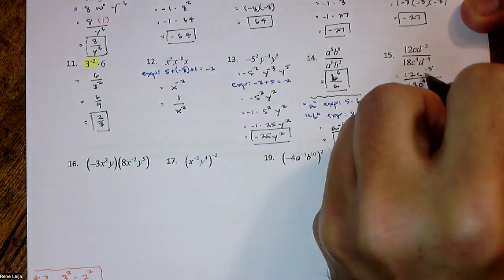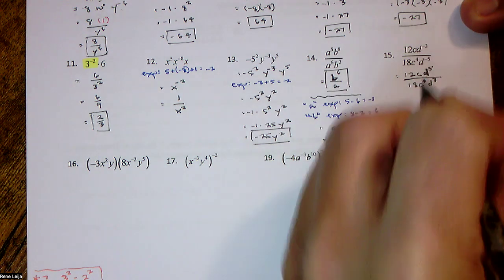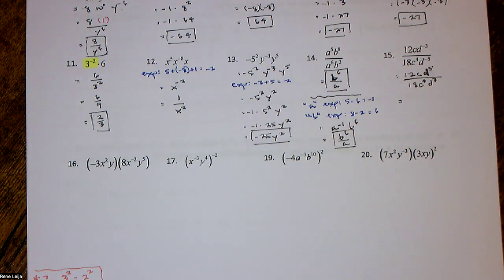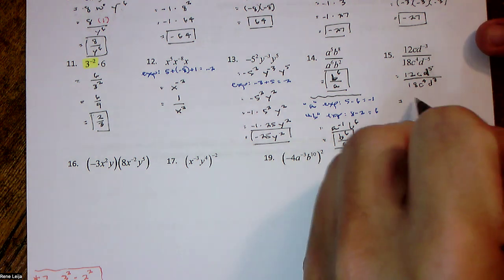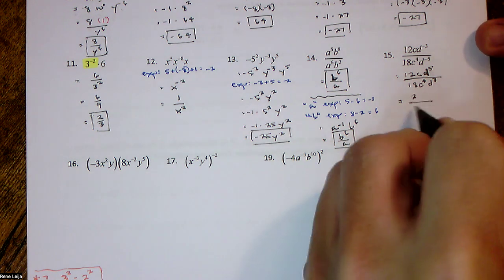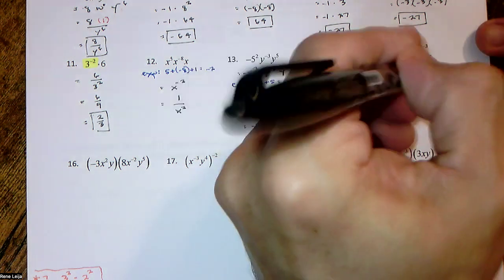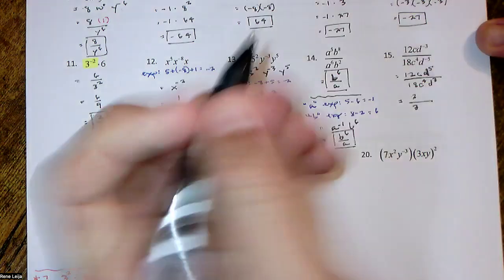Okay, now look at where you are. Look at what's top heavy and bottom heavy. So first of all, 12 over 18. I can reduce the top and bottom by 6. So that's going to give me a 2 and then a 3. Now for my C's, I have 1 C in the top, 4 C's in the bottom.